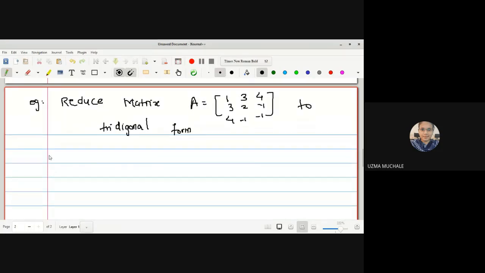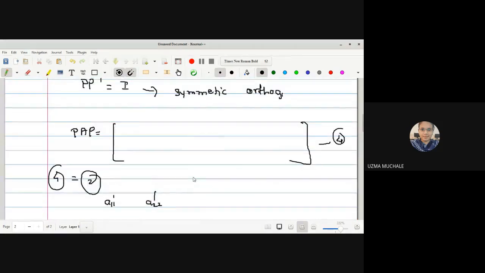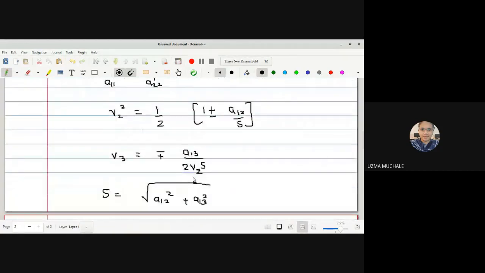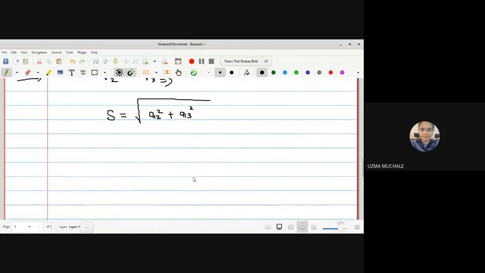So here, first in the solution, we will find V2 and V3. For that, first we should find what S is. S is nothing but the square root of a12 square plus a13 square. These are the things we obtained by equating the two matrices, equation 4 and 2, and hence we got these equations for V2, V3 and S. Don't worry about that.